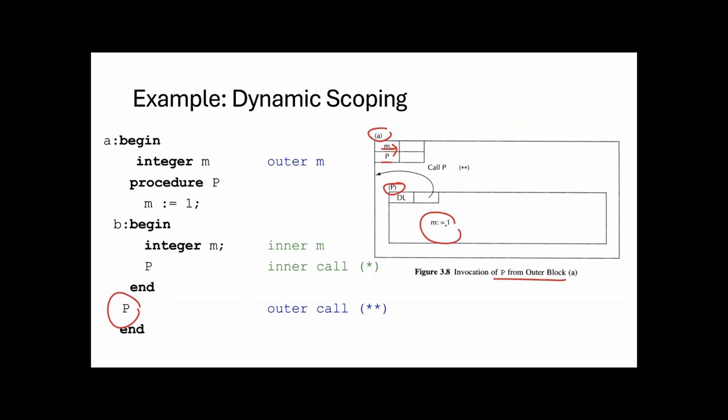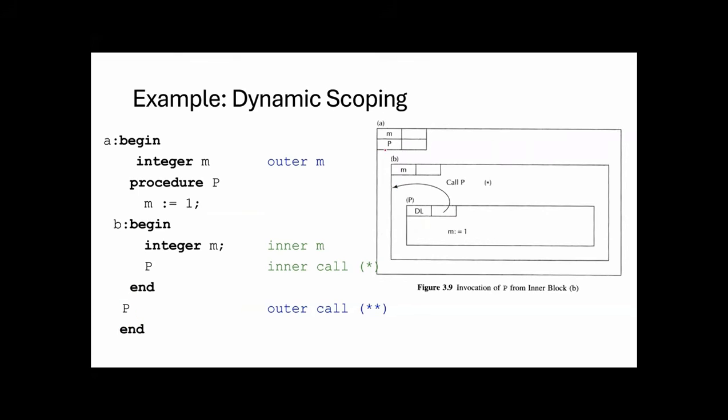So when we talk about M here, we are referring to the outer M, because P is being called inside the block A. So pay attention again, P is being called from inside the block A. So the M inside here will be referring to that M we have. Now, if we look at the inner call of P, this is the invocation of P from the inner block B.